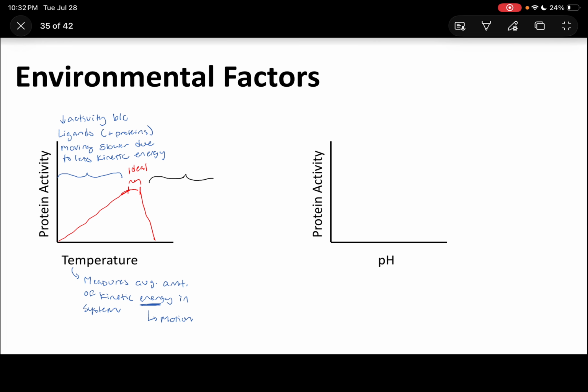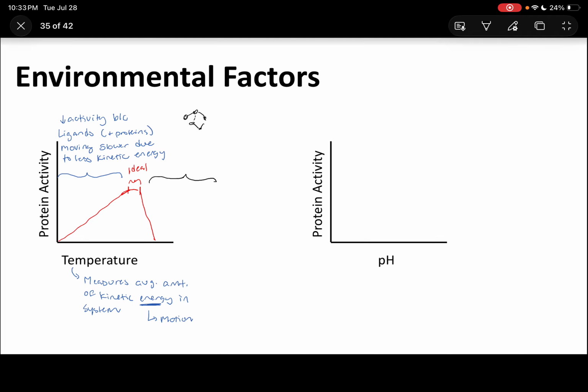Once the protein has so much kinetic energy, because remember, the actual protein is made up of all of these amino acids that are in a chain, and those chains are held together by interactions and bonds between the amino acids. I like to imagine this as a chain of kids that are all holding hands, and every kid wants to go in their own direction, but they're being held together by the hands that are binding them and the structure of the line.